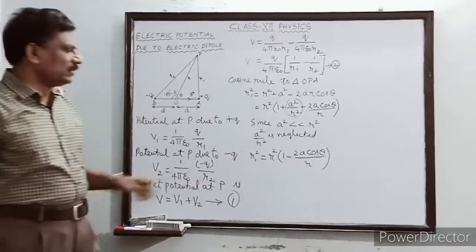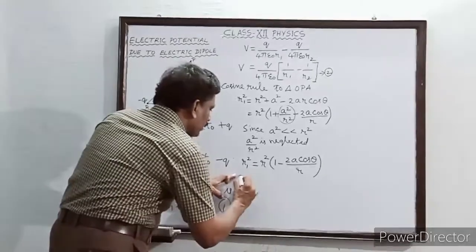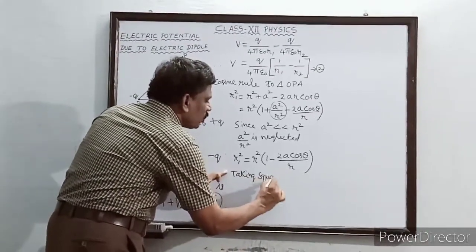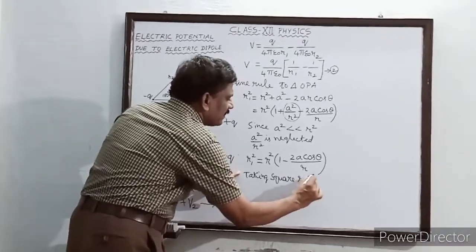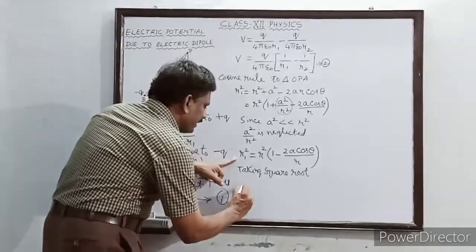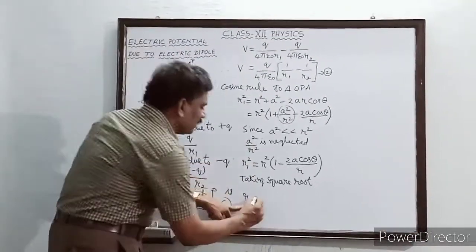Now this is a square term and this also is a square term. I will take the square root. Taking the square root, the left hand side square root of R1 square will become R1.